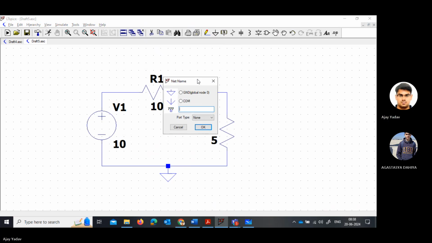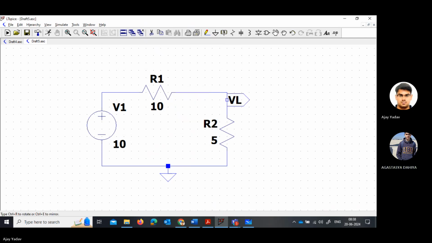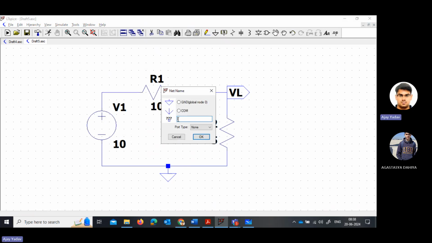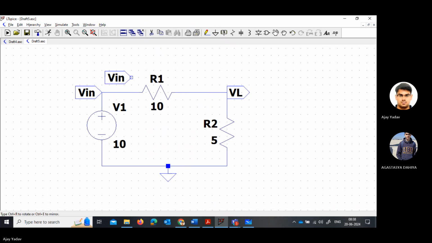So this is your VL, and similarly you can give here, this is your V in, input.